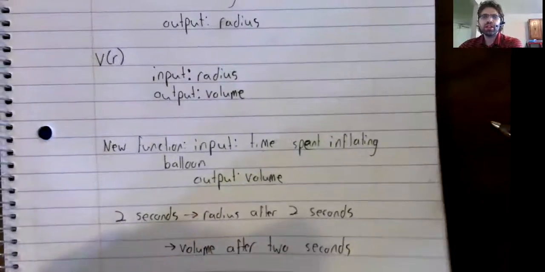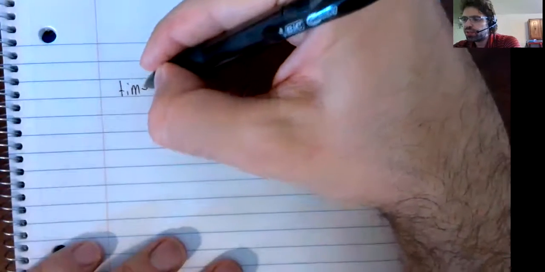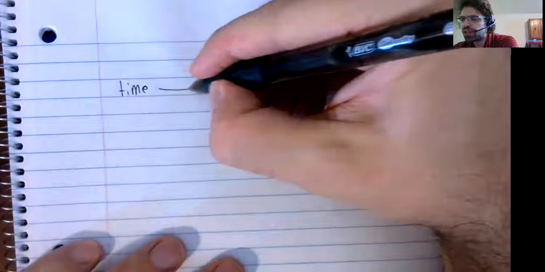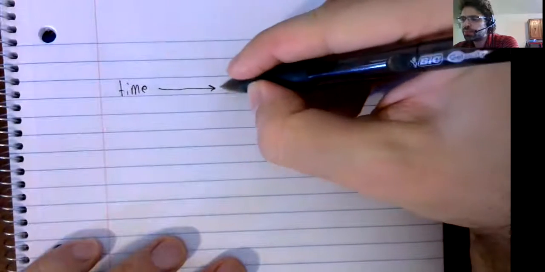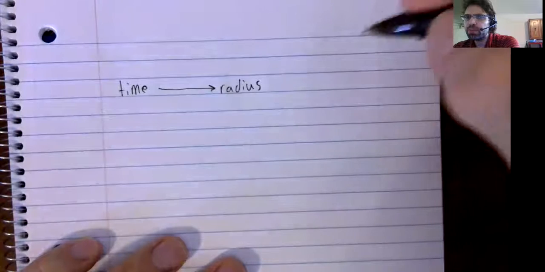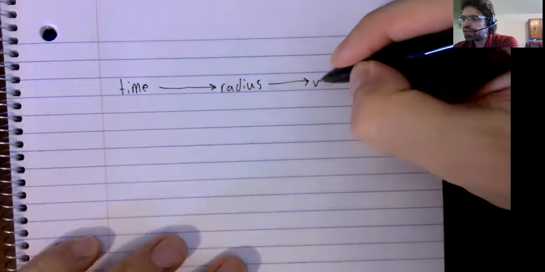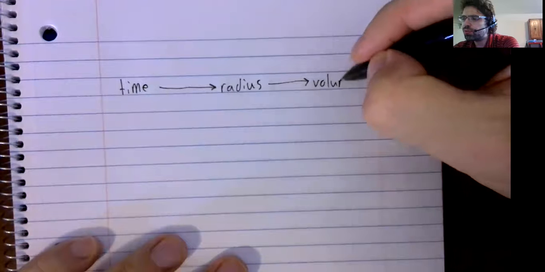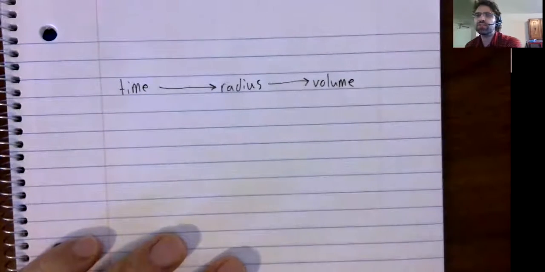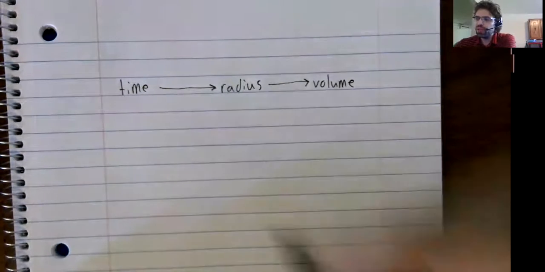So a diagram of this would look like this. You start with time. You use time to find the radius, and then you use the radius to find the volume.